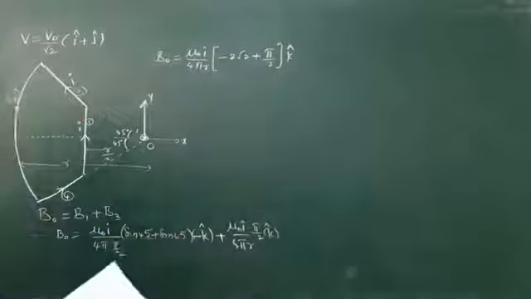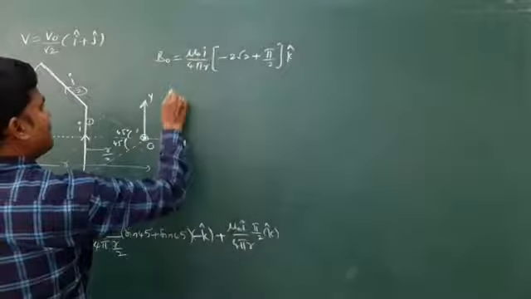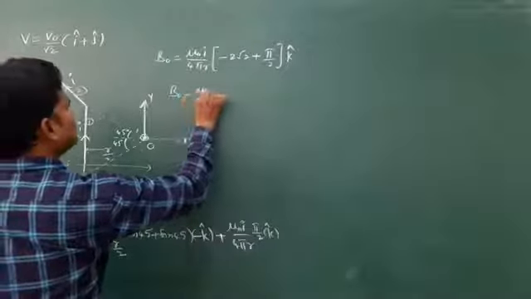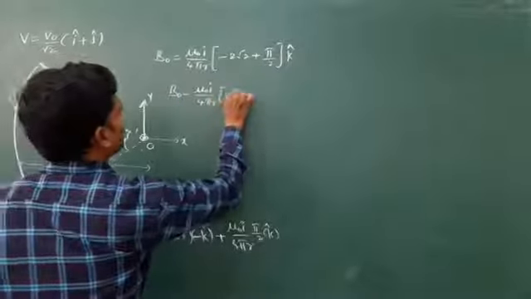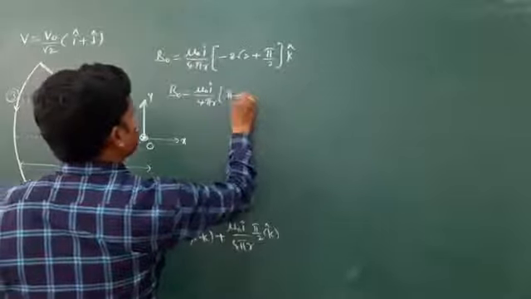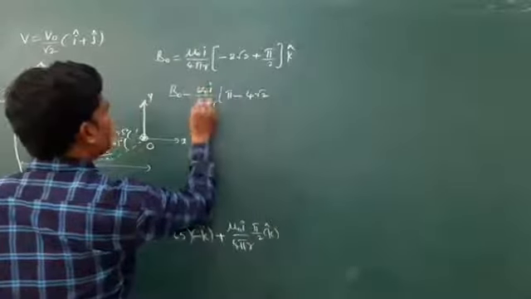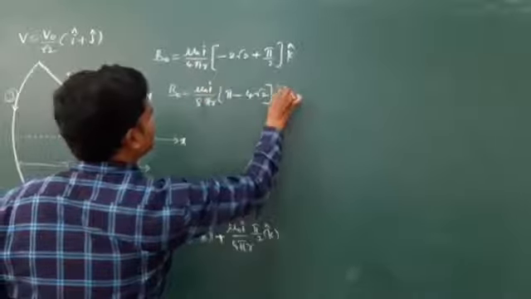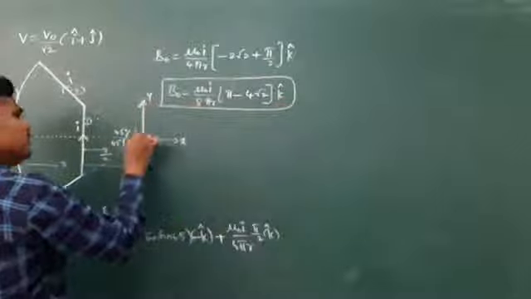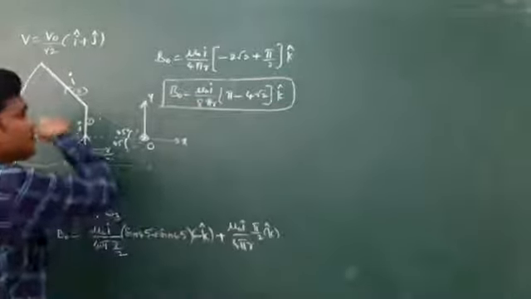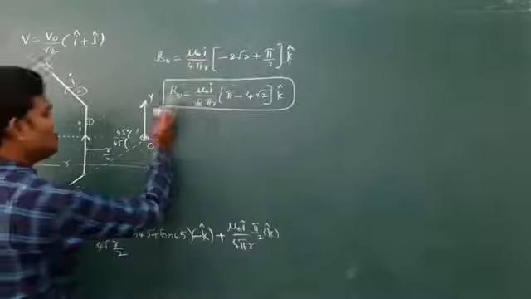So B0 is mu naught I by 4 pi r times (pi minus 4 root 2) by 2. So 8. This is the magnetic field at this point because of this loop: mu naught I by 8 pi r (pi minus 4 root 2).